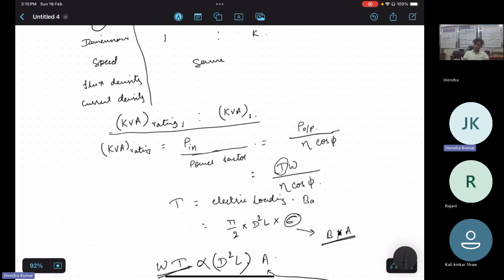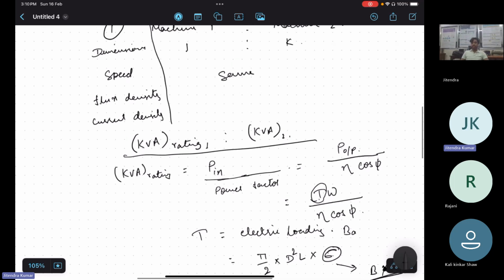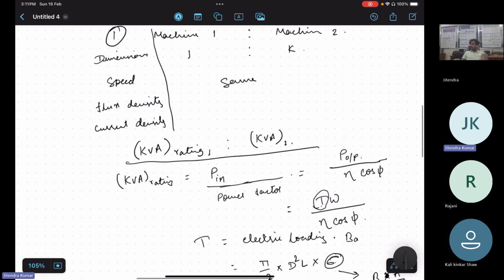So kVA rating is proportional to dimension raised to power 4. If you are changing the dimension of the machine by ratio k, or scaling by a factor k, then your torque and power will be scaled by k raised to power 4. Is it fine? Any doubt in this? No, sir. Okay.